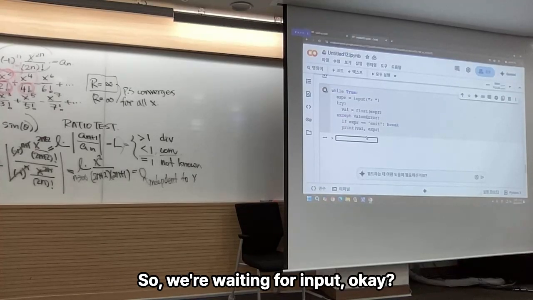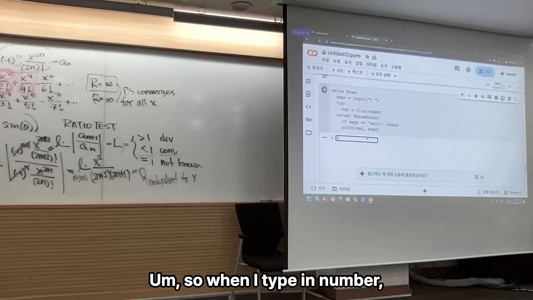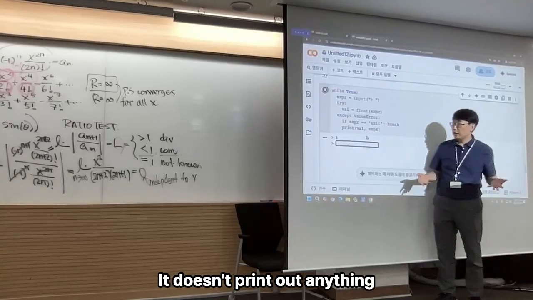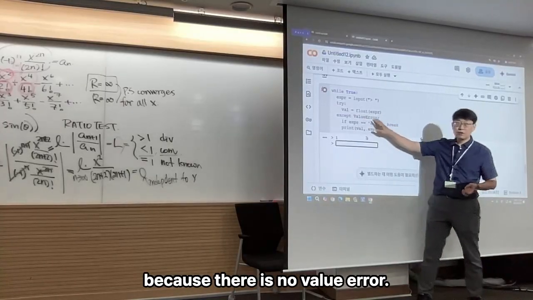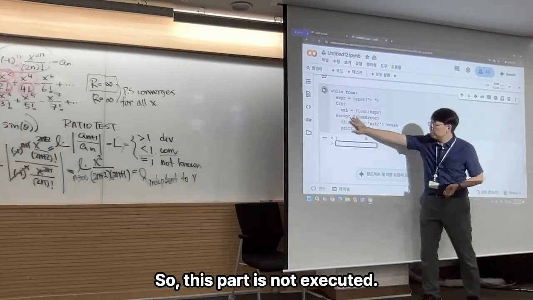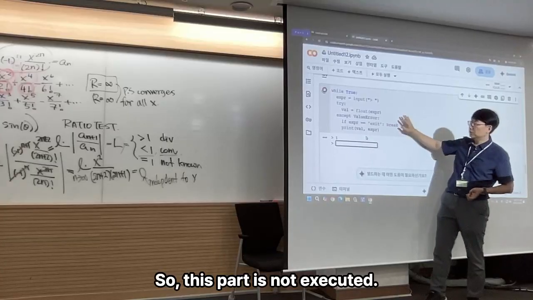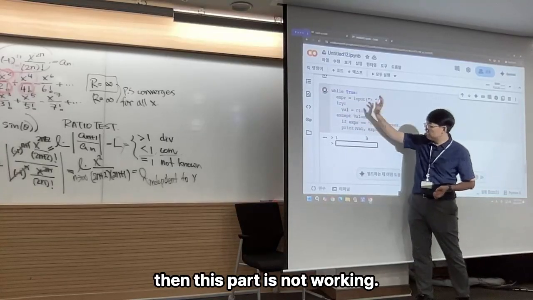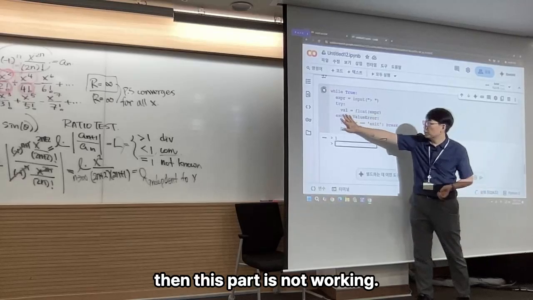So it's waiting for input. When I type in a number, it doesn't do anything. It doesn't print out anything because there's no value error, so this part is not executed. If the conversion is successful, then this part is not working.